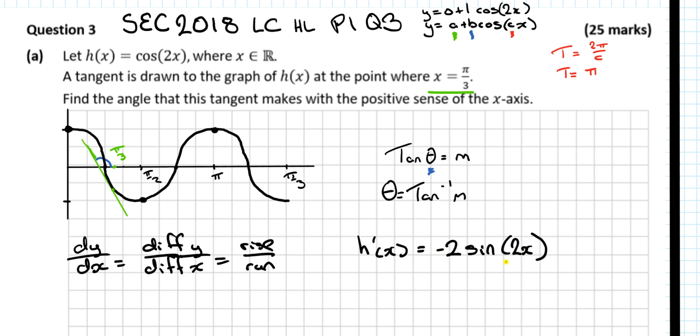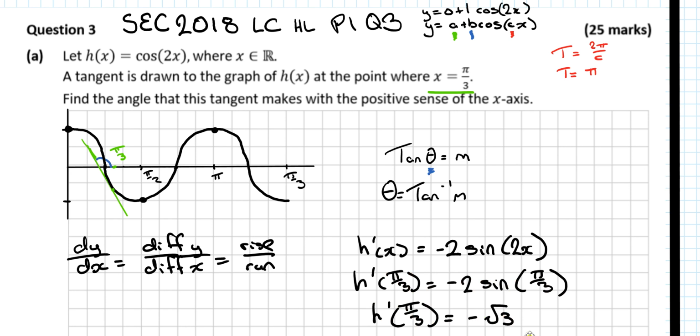Okay. And we want to find the slope when x is pi over 3. So I'm going to do minus 2 sine pi over 3. Make sure your calculator is in radians. Minus 2 sine pi divided by 3, h dash of pi over 3, is minus root 3.